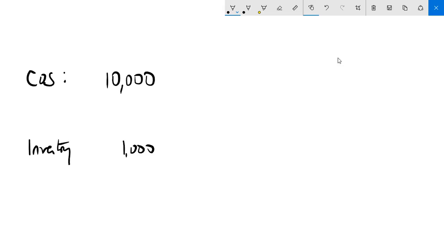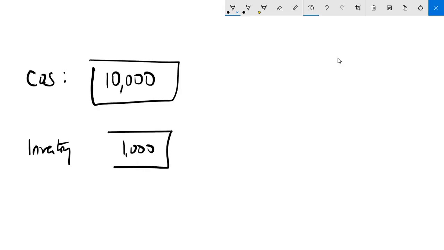The argument really is that you had bought this during the year and you have this left. So that technically means you got rid of £9,000 worth of inventory. That's the cost of sale.